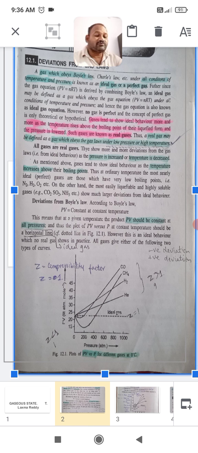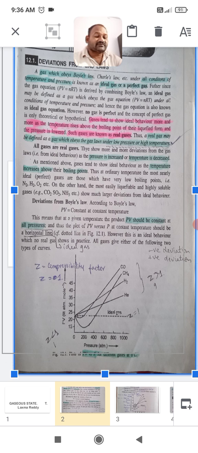They show more and more deviation from the gas laws as the pressure is increased and the temperature is decreased. As mentioned above, gases tend to show ideal behavior as the temperature increases above their boiling points.